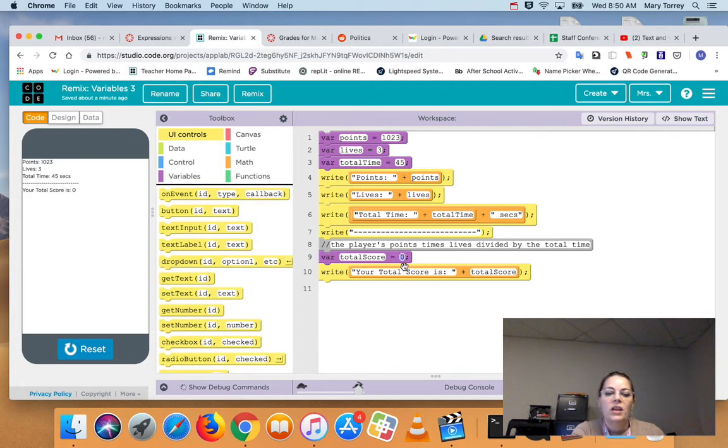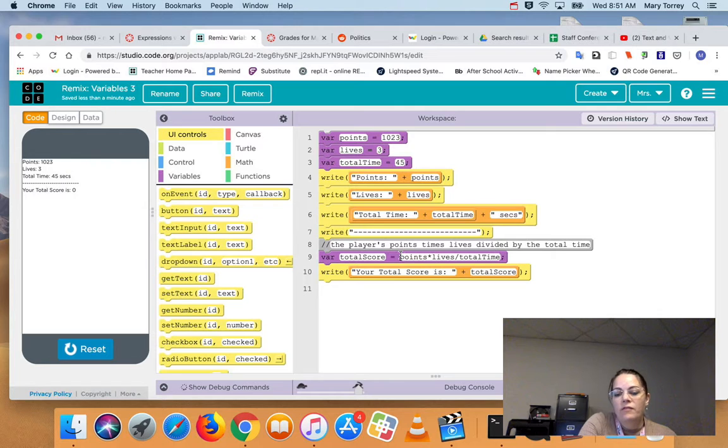So right here with our total score, we want to take our points, and the multiplication symbol is the star or shift 8. So our points times our lives divided by our total time.